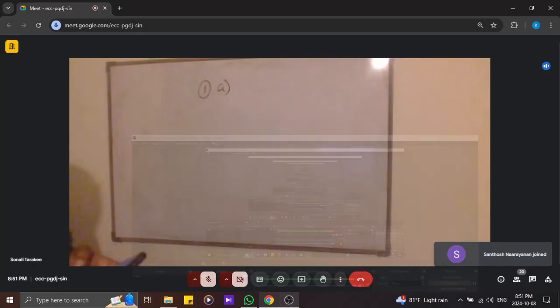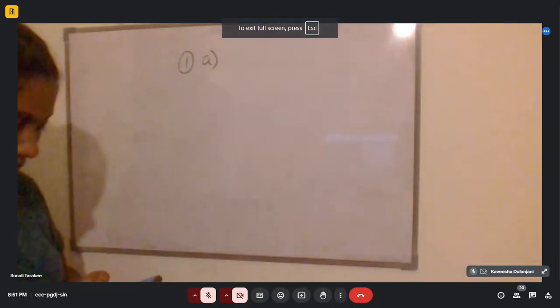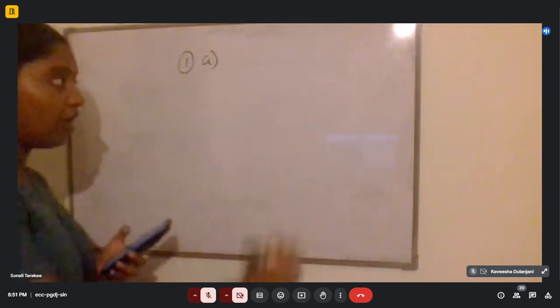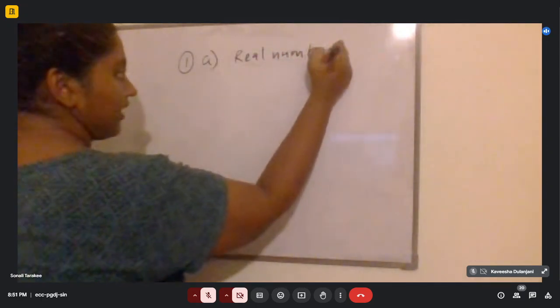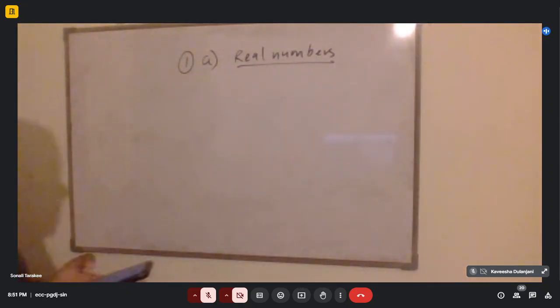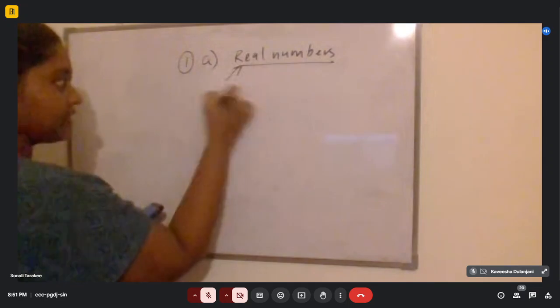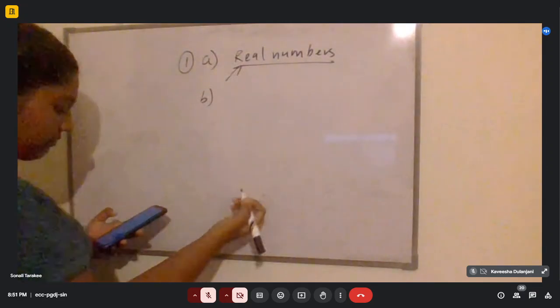So consider the following set of numbers. So this is easy. First of all, you have to know what real numbers are. Real numbers are any number which you can think of. So all the numbers in this set come under the real numbers. Second one is a list of irrational numbers.